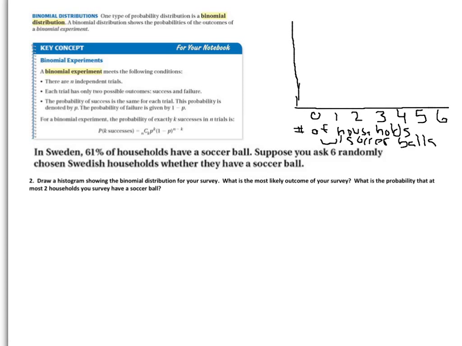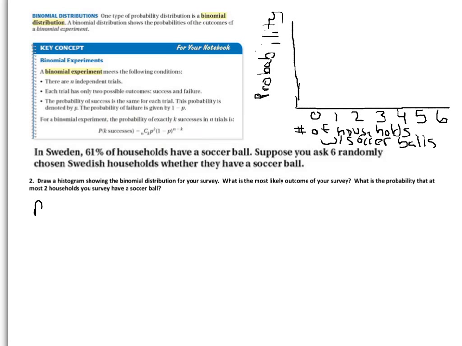And this is the probability. Okay, so before I make the scale for probability, I'm going to calculate them. So what do I do to calculate them? Okay, so we use this equation here.